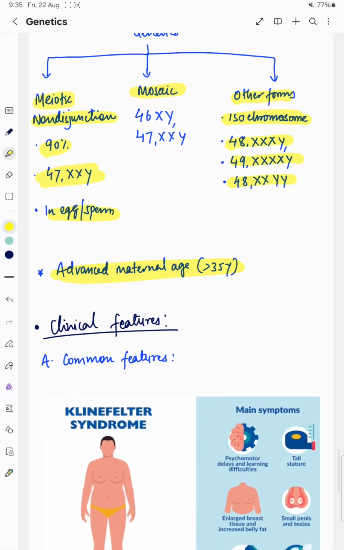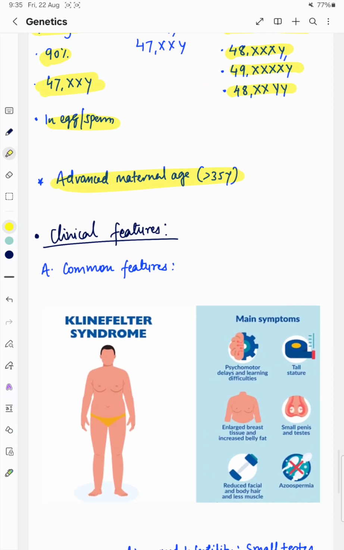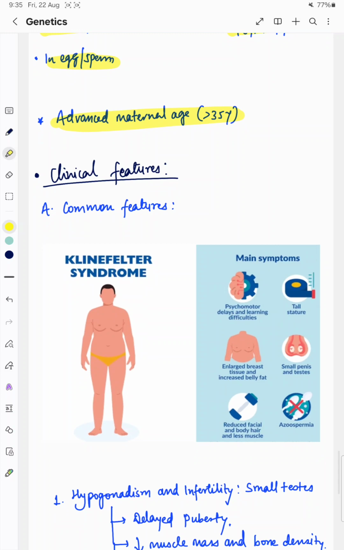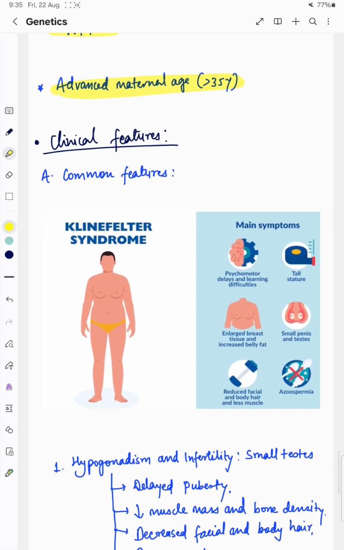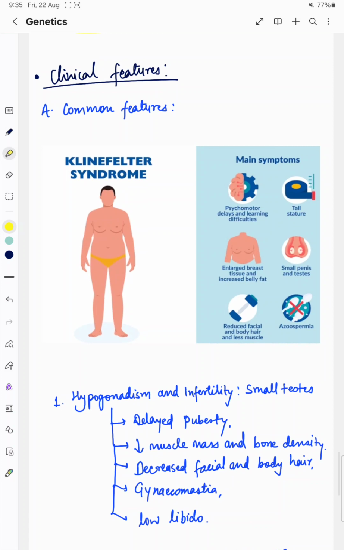Now we will discuss the clinical features, including the common clinical features, the other associated clinical features, and complications of Klinefelter syndrome. What are the common clinical features? Hypogonadism and infertility.